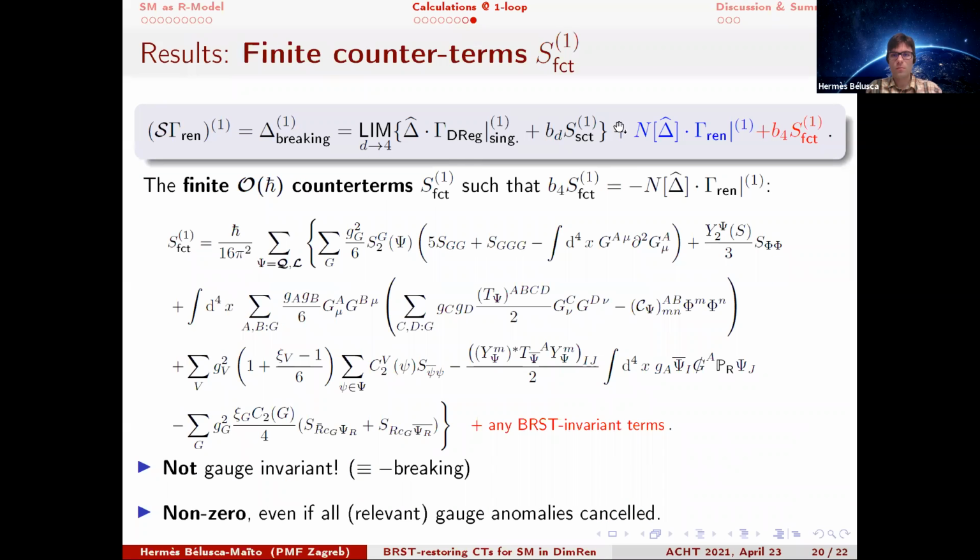And then from that, we can define the finite counter terms so that they absorb this contribution in blue. And they have a very peculiar structure because they are not gauge invariant. Of course, they have to absorb the breaking of the BRS transformation that was also not gauge invariant. And they are non-zero even if the local anomalies were removed.